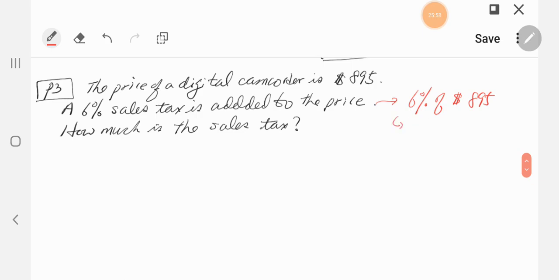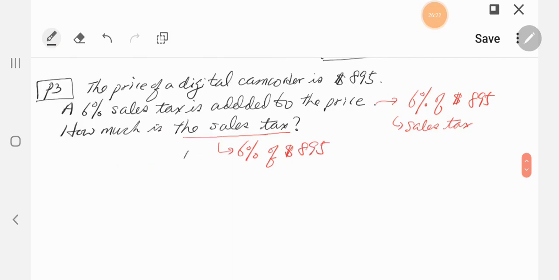This is the sales tax. So how much is the sales tax? So sales tax is equal to 6% of 895. So we can write an equation.